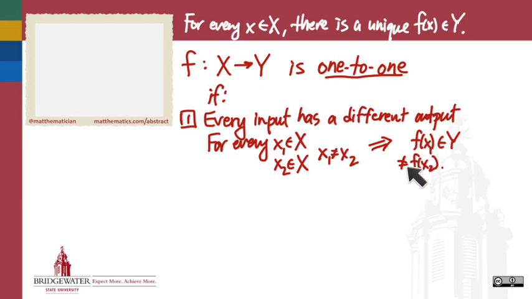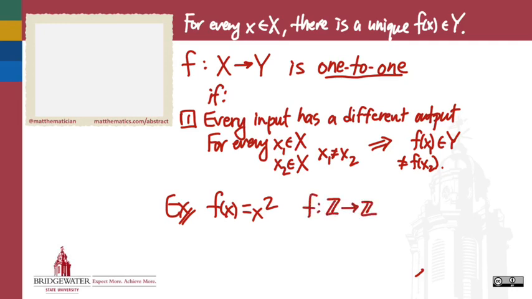So f of x1 needs to be different from f of x2. And that's something that's not true for all functions, right? So, for example, f of x equals x squared. Is that one-to-one or not, if it's thought of as a function on the integers for right now? Not one-to-one, why not? What's the counterexample to this assertion?